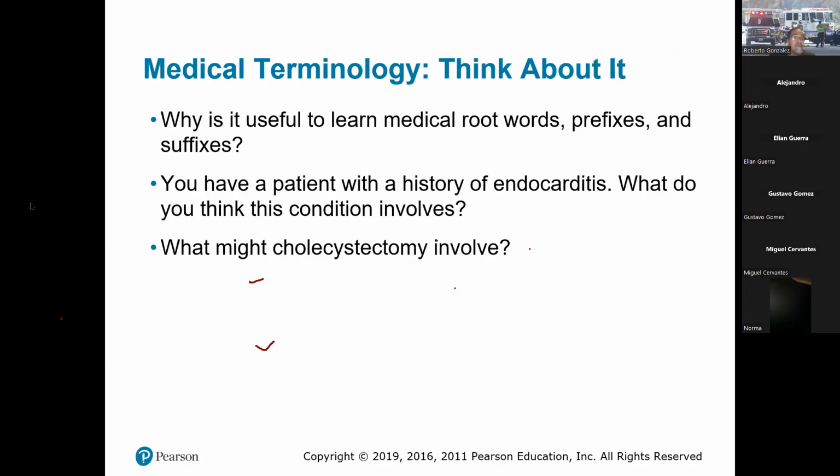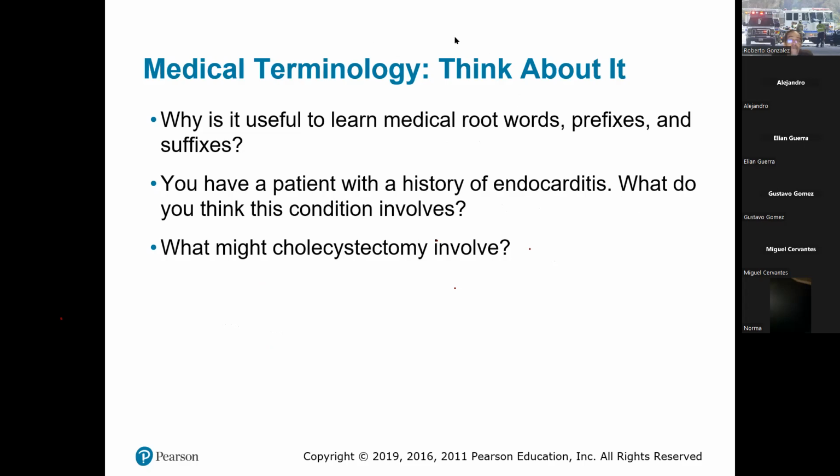The other one would be: you have a patient with a history of endocarditis. Okay, what do you think the condition involves? In this one you do have a prefix, a root word, and a suffix.